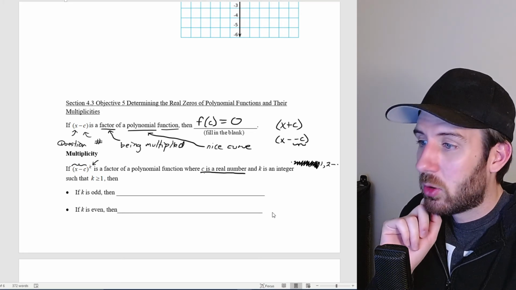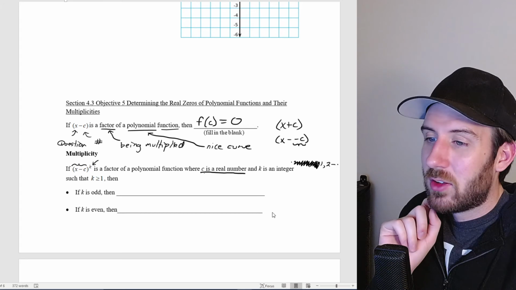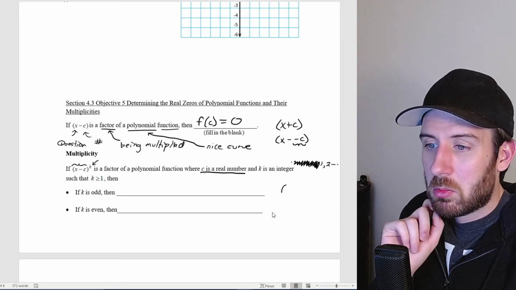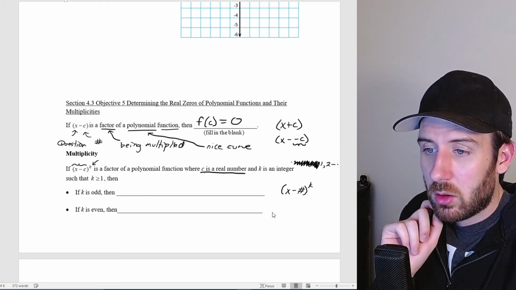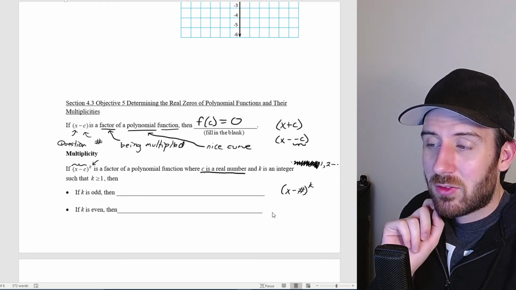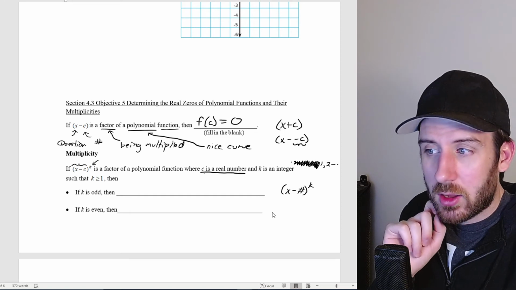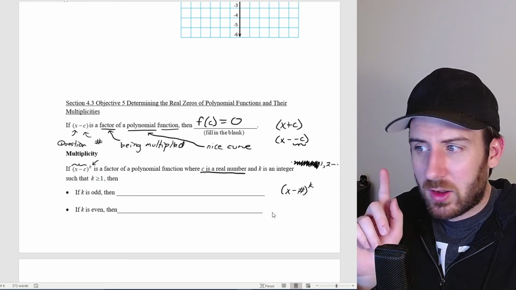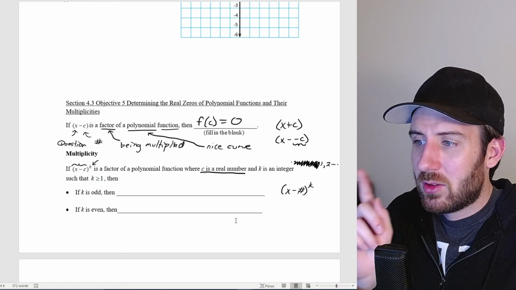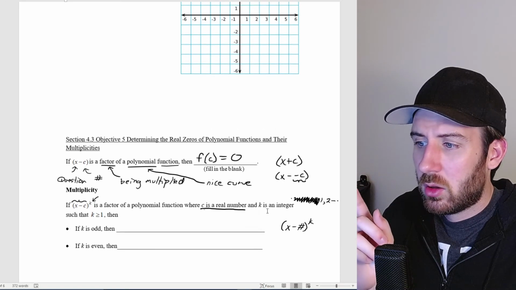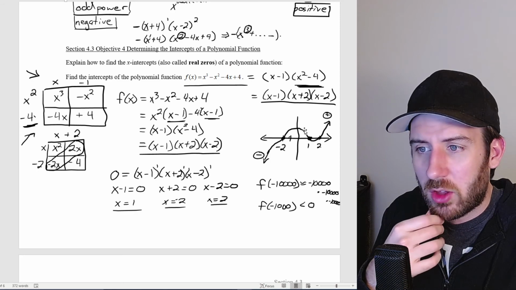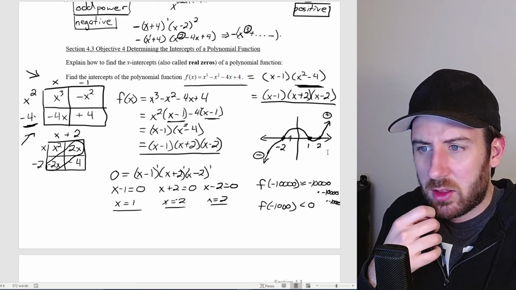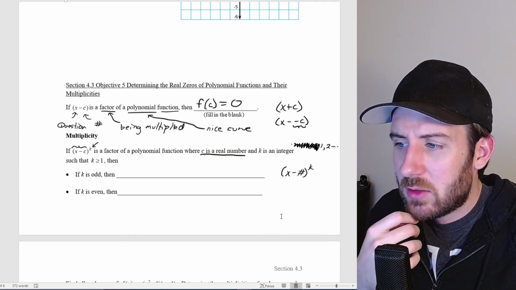Okay, so what this says is that if I have some x minus a number thing being raised to a power, then if the power is odd, what did we find out before? If the power was odd, wasn't that when we were crossing the graph? I think so, yeah. And the evens when we weren't.